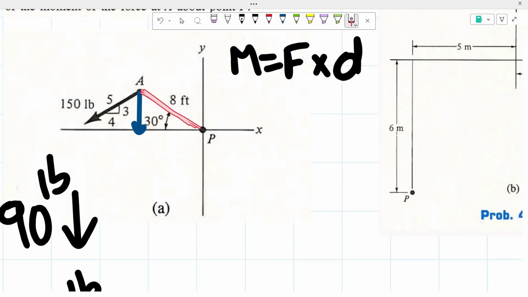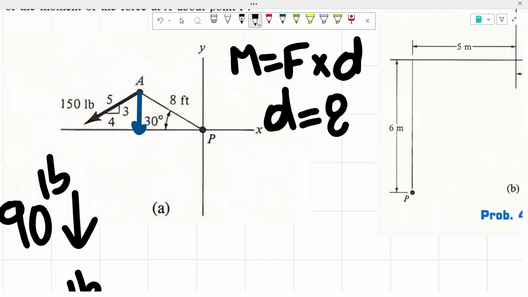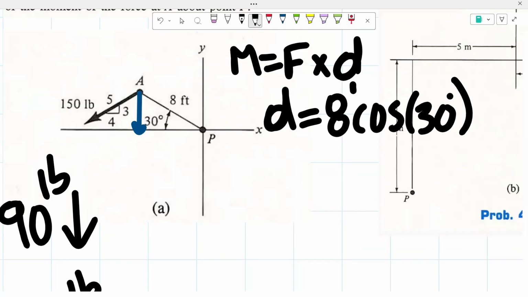We know that cosine is adjacent over hypotenuse. So here, distance is equal to 8 feet times the cosine of 30 degrees. And that's what's going to give us this distance right here.